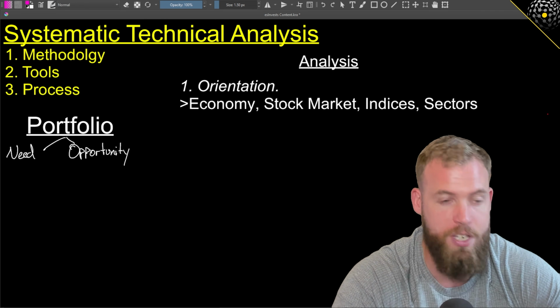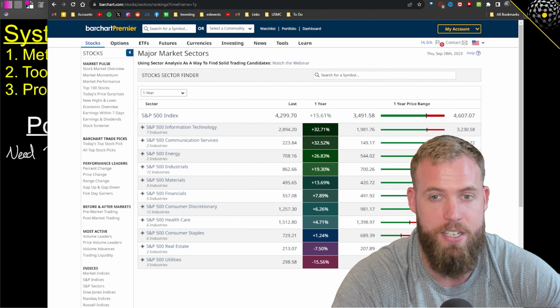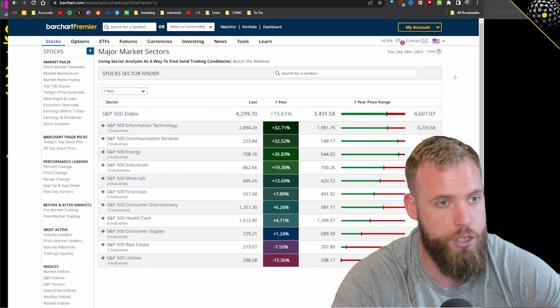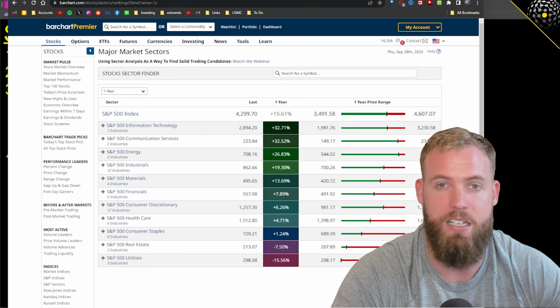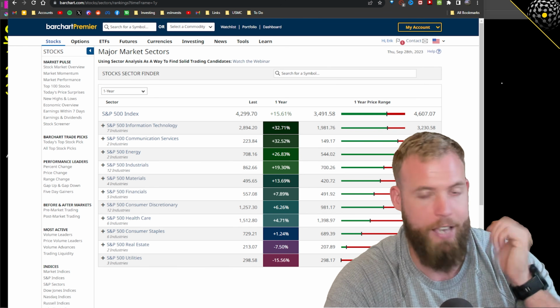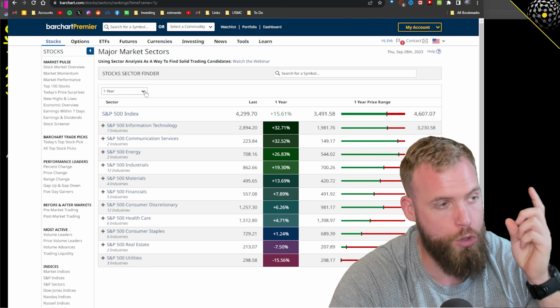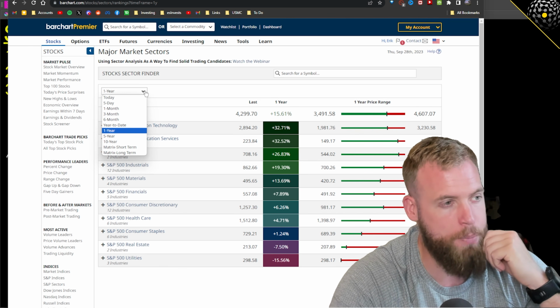And then the sectors. This is important because as I'm looking for, let's say, risk, and I want to put on a bullish trade and I want it to be in an individual stock. Let's say I know I want to put on a ratio call diagonal, something like that. What would you do? Let's say that this is going to be a 3-month trade.